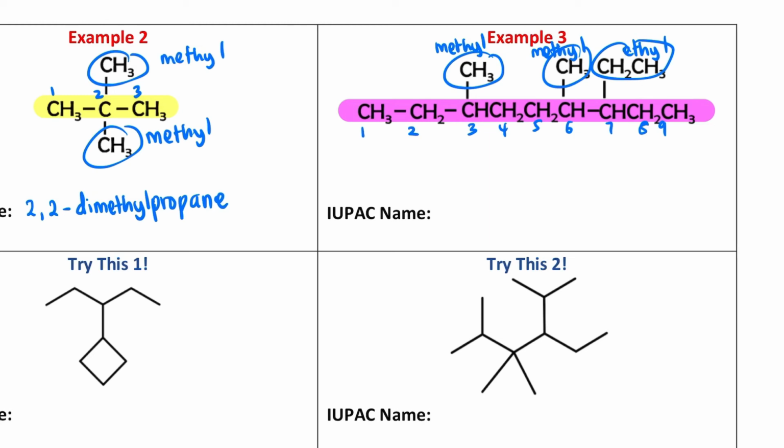Because setelah saya identify the substituent, I realise that this substituent is closer to the right. So, saya padam saya punya numbering. I will start counting from the right. 1, 2, 3, 4, 5, 6, 7, 8, 9.